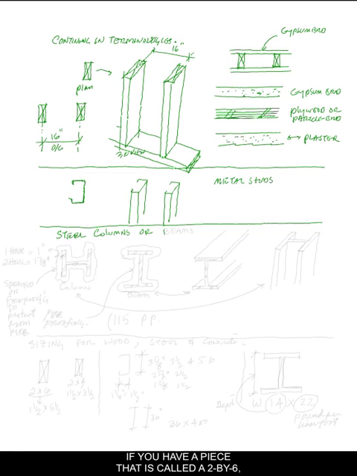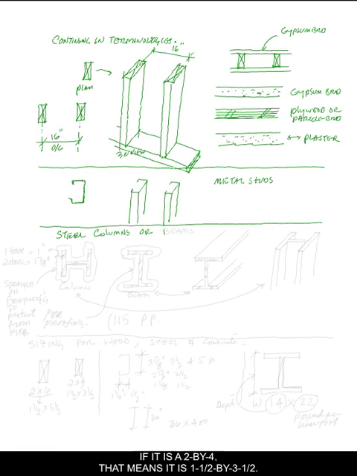If you have a piece that is called a 2x6, the real dimension is 1.5 by 5.5. So it's 1/2 inch less.